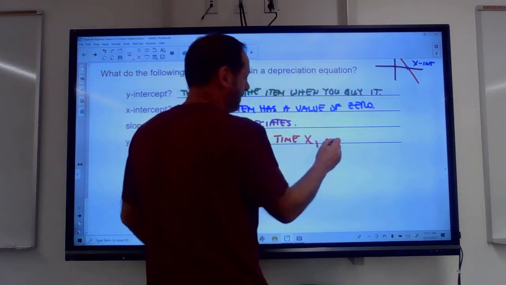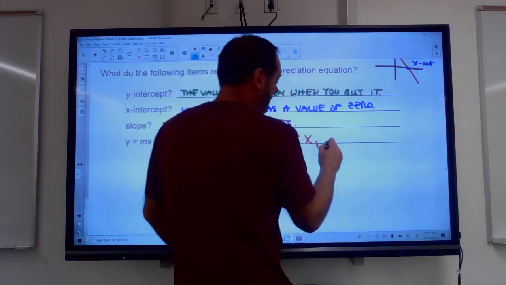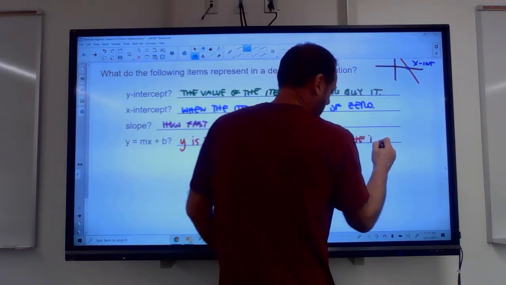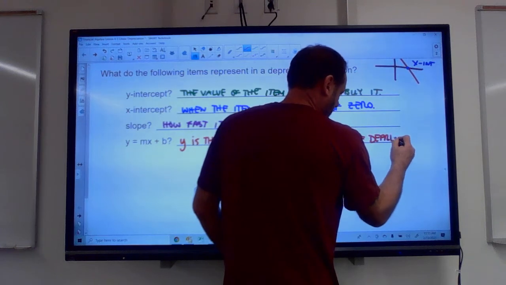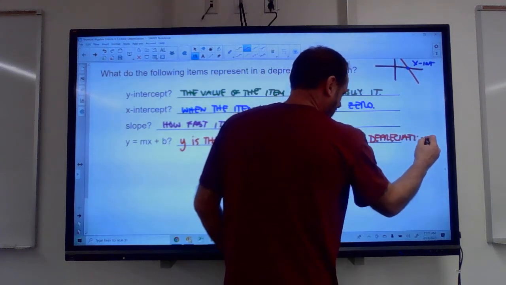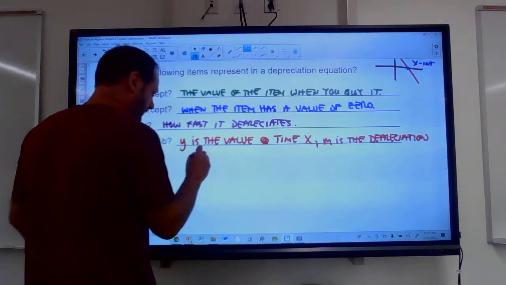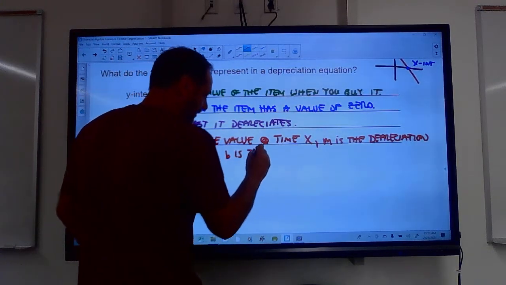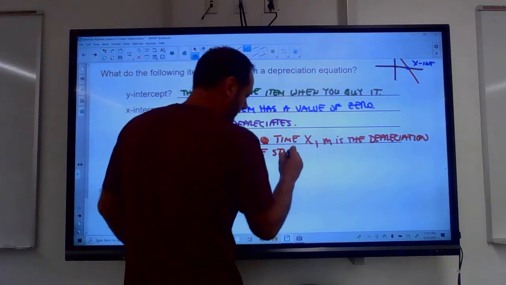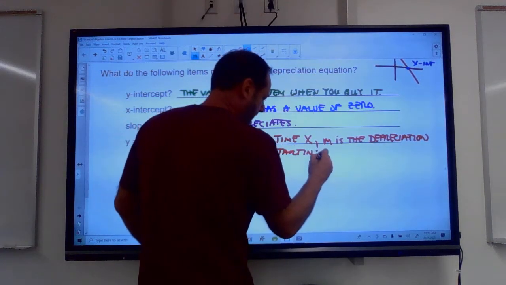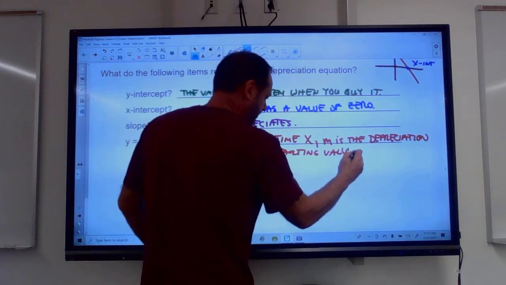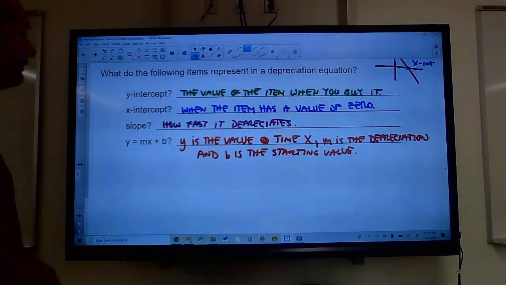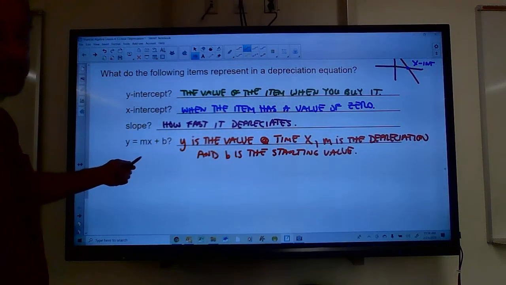M is the depreciation. And B is the starting value. So all those things stand for something in the equation. Make sure you understand this.